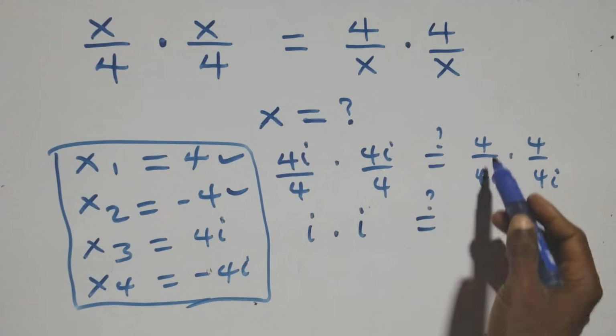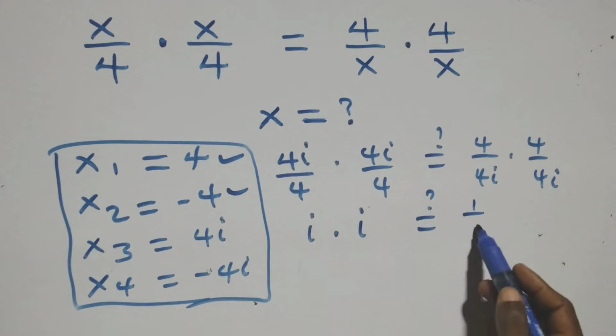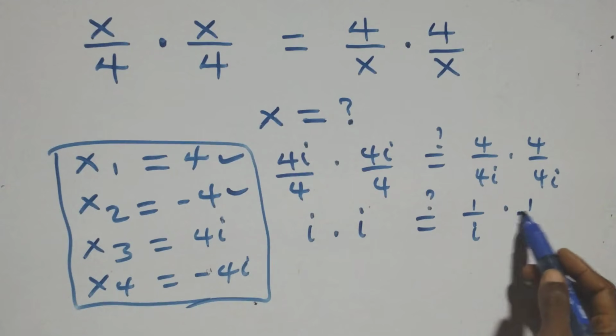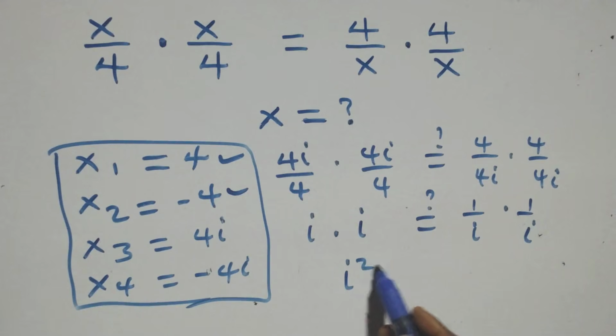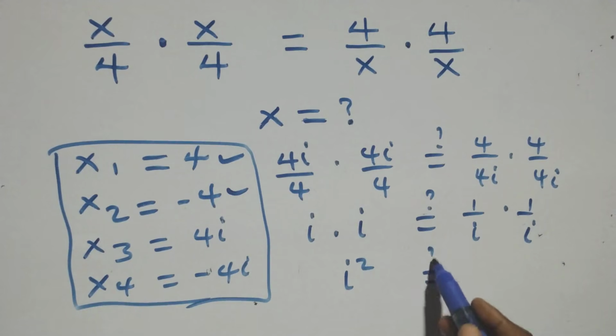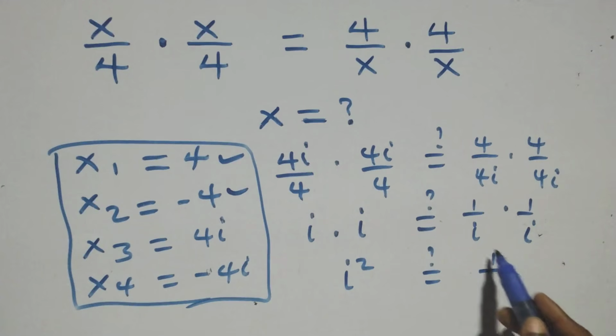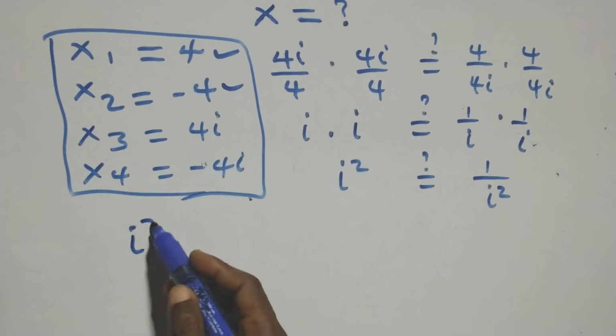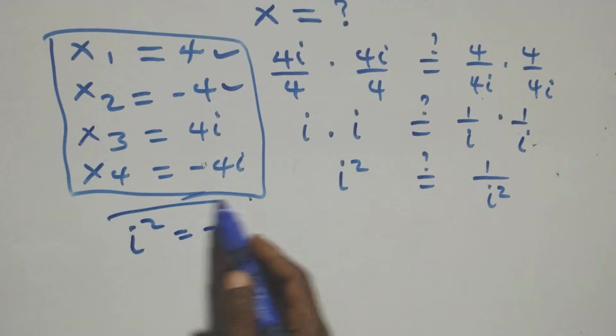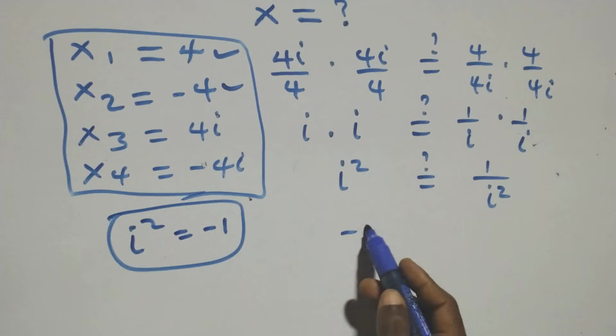Is it equals to here also 4 cancel each other, we have 1 over i times here also 1 over i. I times i, you can write it as i square. Is it equals to 1 times 1, 1, i times i, also i square. And here, we should note that i square, same thing as minus 1. That is, here we have minus 1.